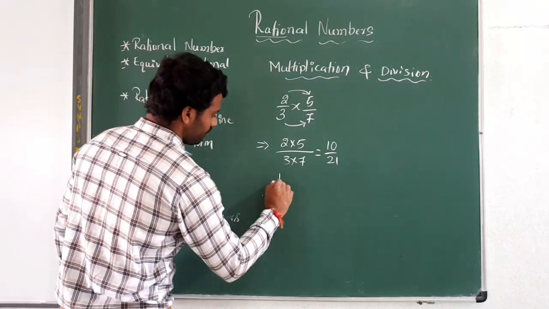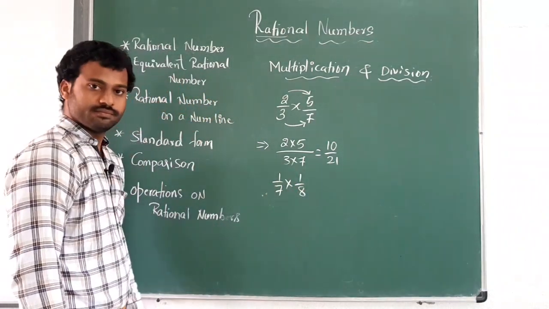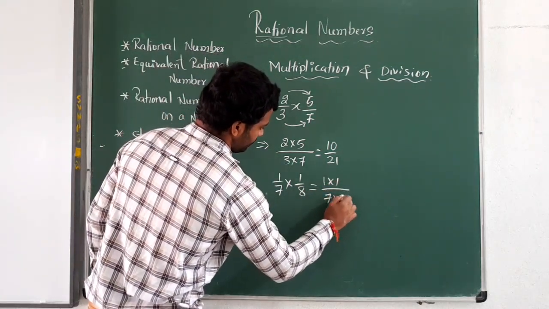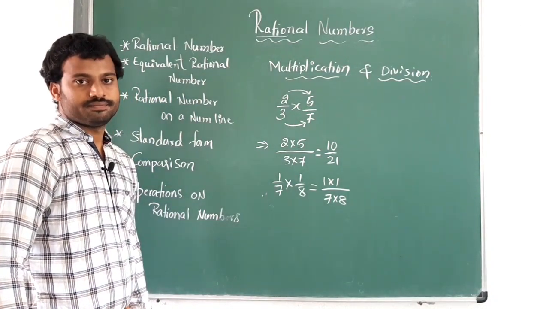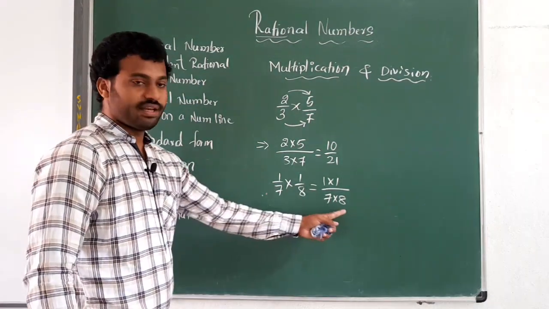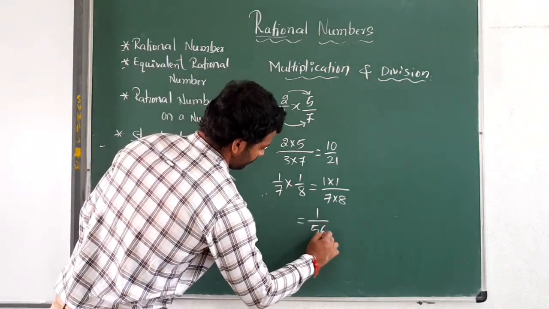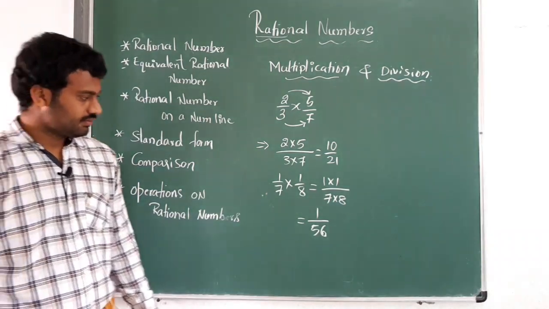Another number, 1 by 7 into 1 by 8. 1 into 1, 7 into 8. Clear? 7 8s are 56.